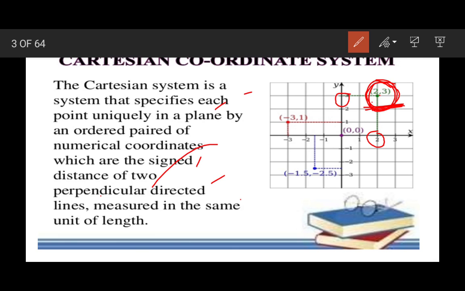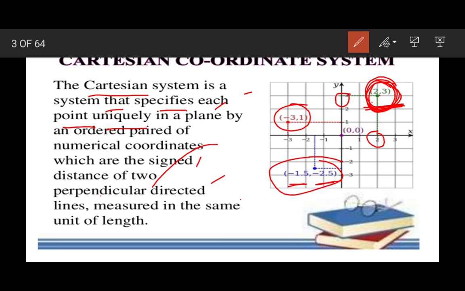So the Cartesian system is a system that specifies each point uniquely. Cartesian means writing in terms of x coordinates and y coordinates. When I say minus 1.5 and minus 2.5, the coordinates are minus 1.5 and minus 2.5.